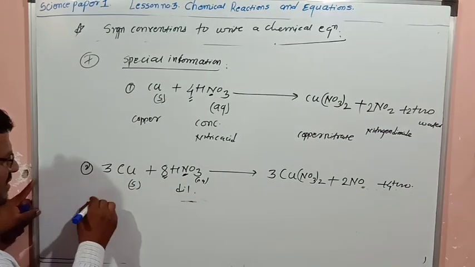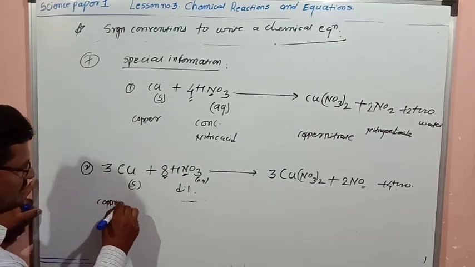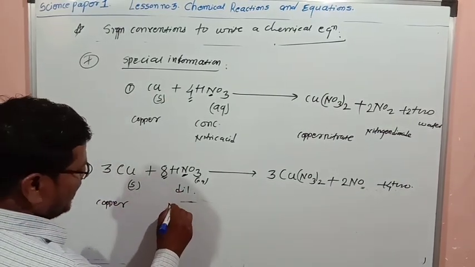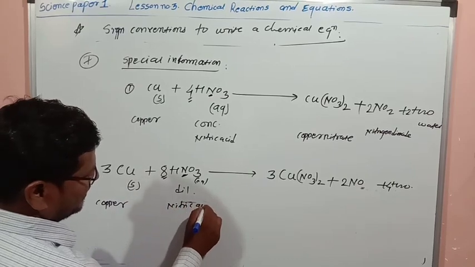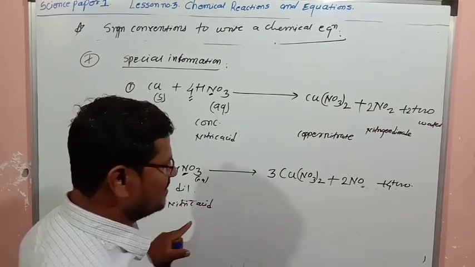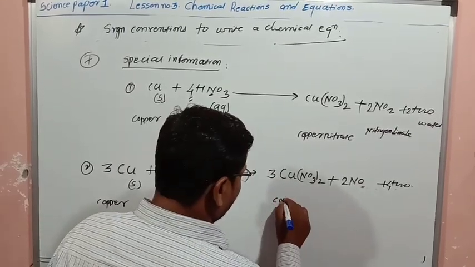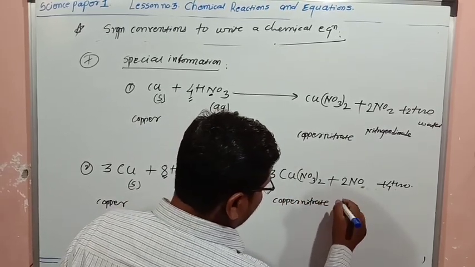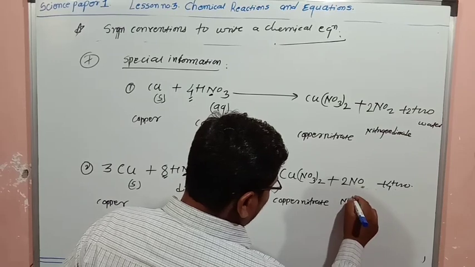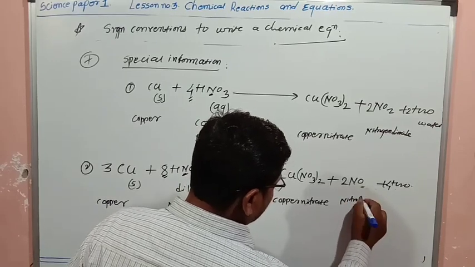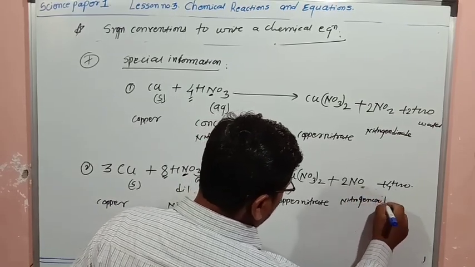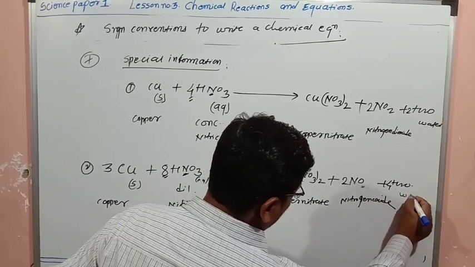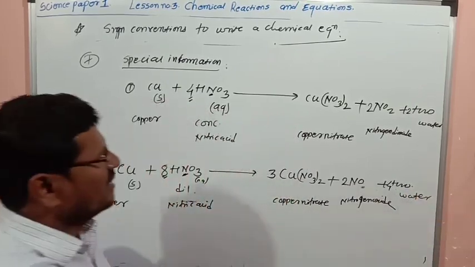So the reactants: this one is copper, this one is nitric acid, dilute nitric acid. The reaction will take place, and it will give copper nitrate, nitrogen oxide, and a water molecule. So you can write the difference.